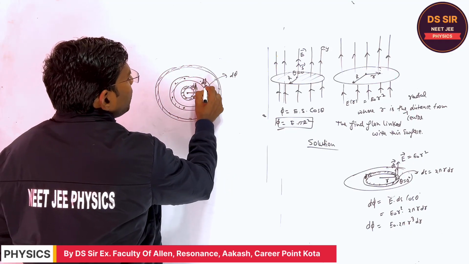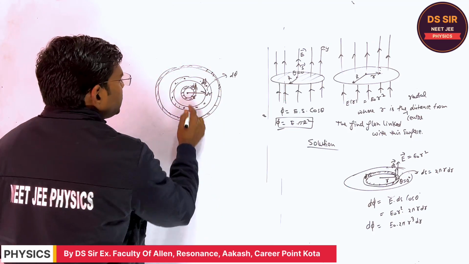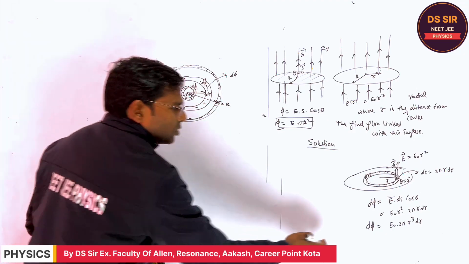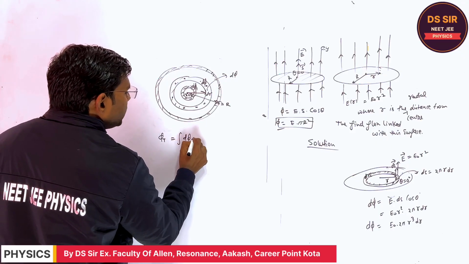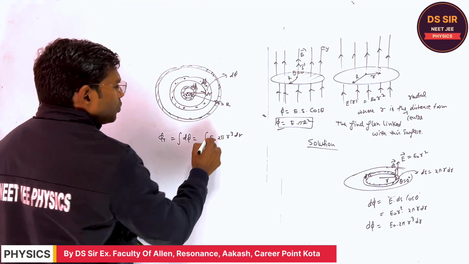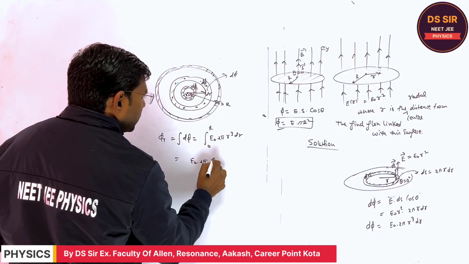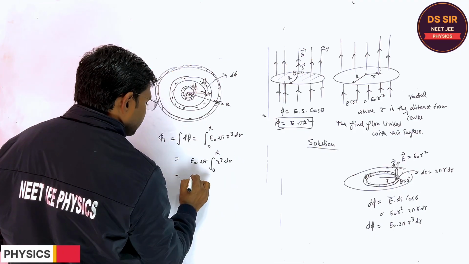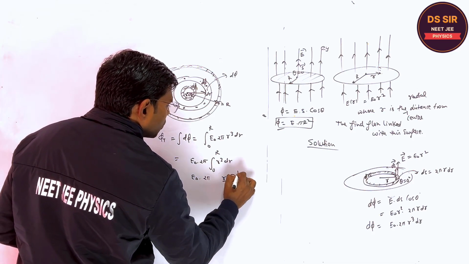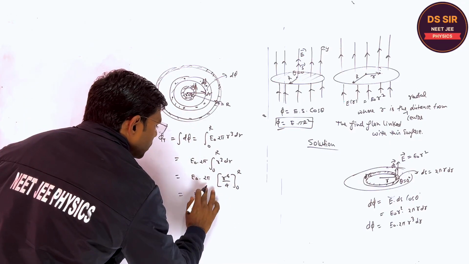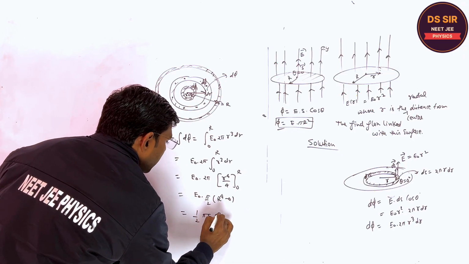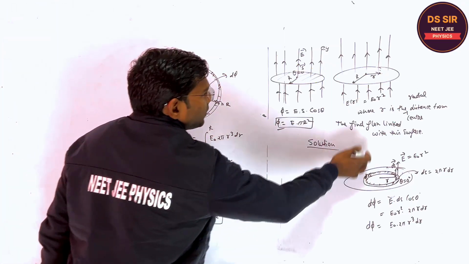You have to add all the flux linked with these elemental rings, from r equal to 0 to r equal to capital R. To find the total flux, you have to integrate E naught into 2 pi r cube dr from 0 to R. This is E naught into 2 pi, r to the power 4 divided by 4, from 0 to R. So the answer is E naught into pi by 2 r to the power 4 minus 0, which is 1 by 2 pi epsilon naught r to the power 4. This is the total flux linked with this surface.